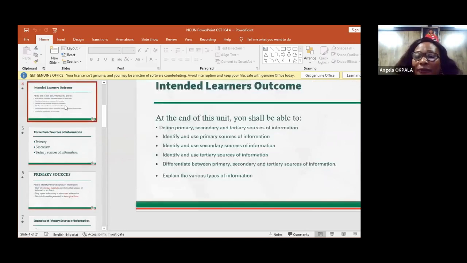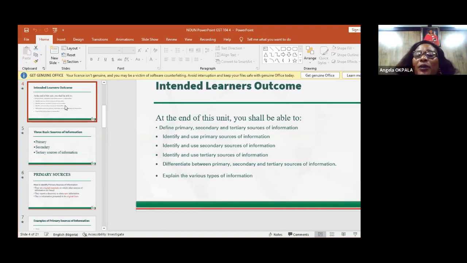Why would you learn information sources? Basically, if you don't know the information sources and you don't know the type of information you need, you are not likely to get there. So you are expected to know the different types of information sources, and you should be able to identify them and differentiate one from the other.